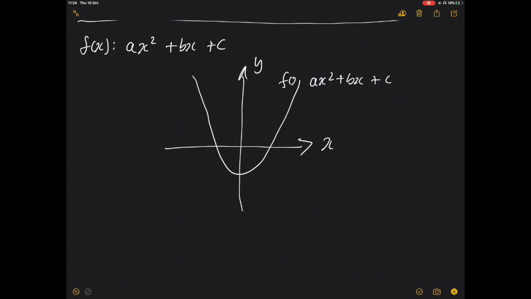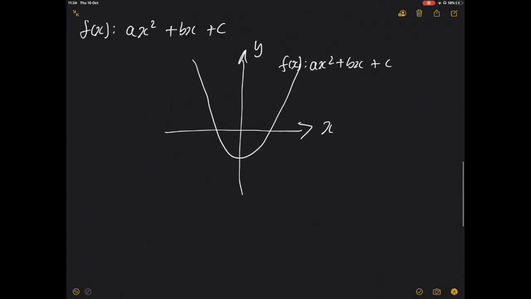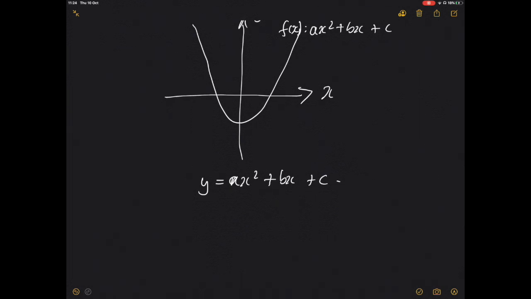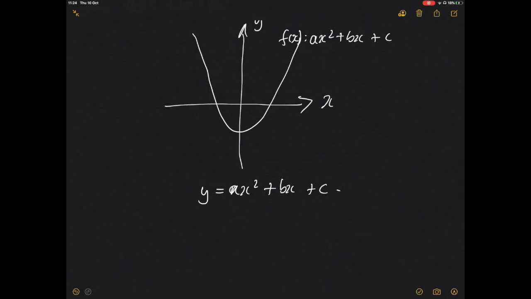But we could also say on the y-axis that y equals ax squared plus bx plus c. If we remember last week, we were solving or factorizing our values. But what were we doing when we were doing that? What we were actually doing is saying we want to find the point at which the line crosses 0 on the y-axis, which would be here.